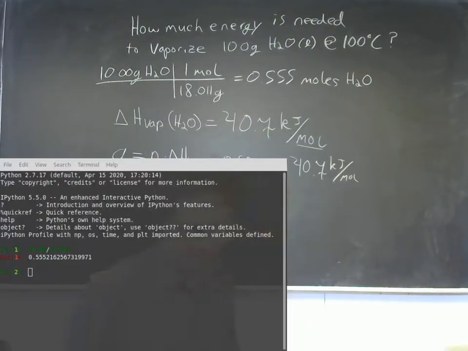Again, we'll go to the calculator. 0.555 times 40.7, and I get 22.6 kilojoules.